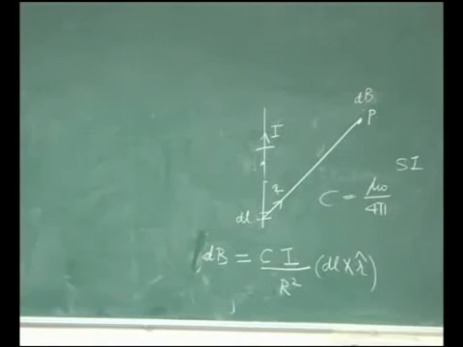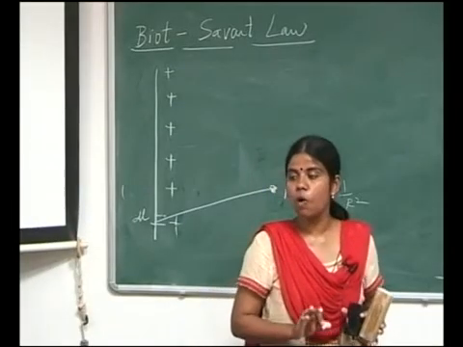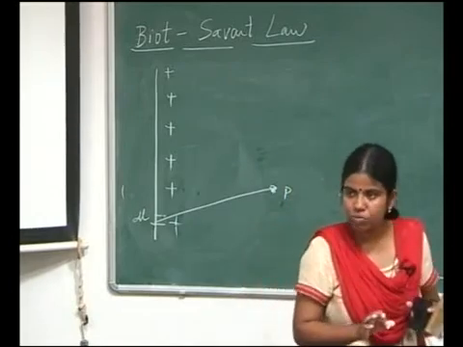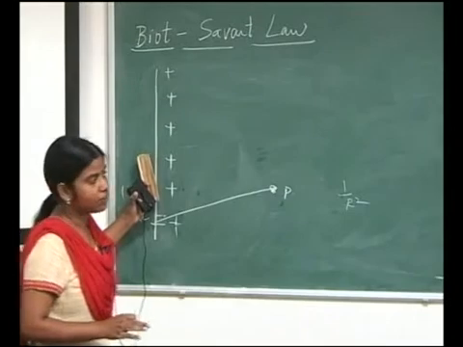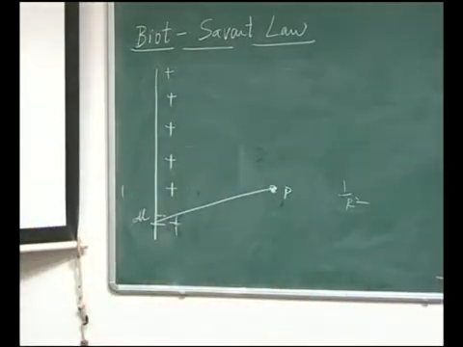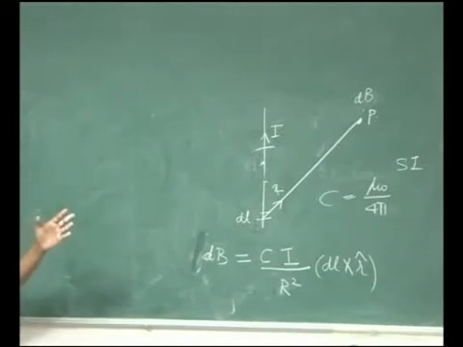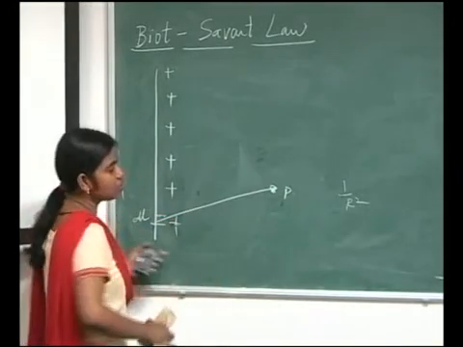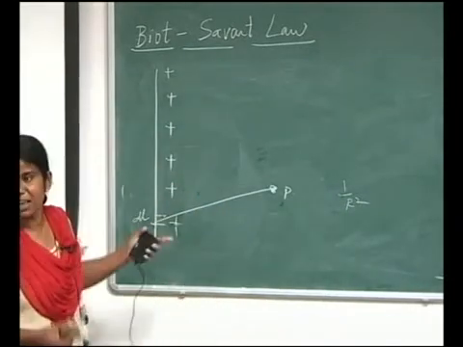It is just a qualitative observation, based on what we have observed here. I can say that these small length elements act as magnetic monopoles. They are not magnetic monopoles, they act as magnetic monopoles, because the contribution due to an individual charge I take as 1 by r square, and when I integrate over a large number of charges I get 1 by r.